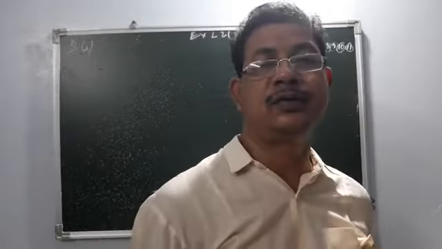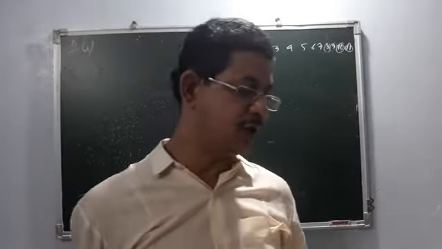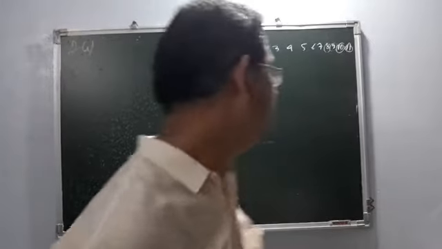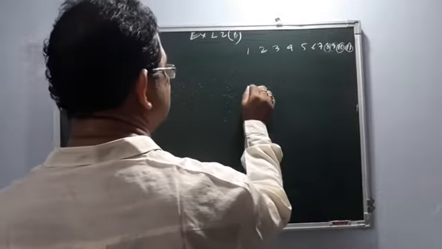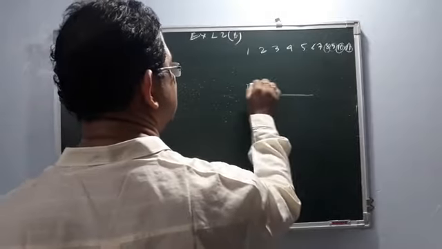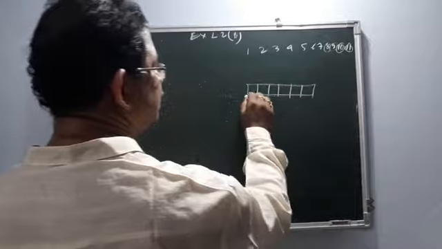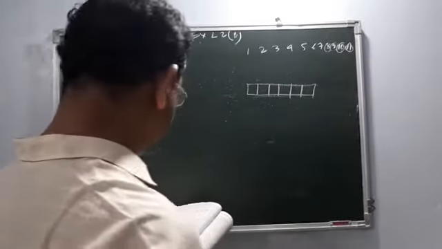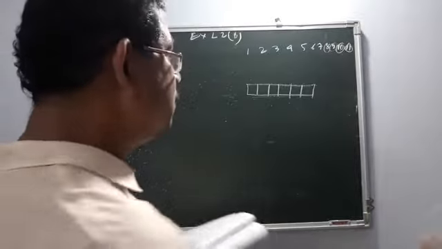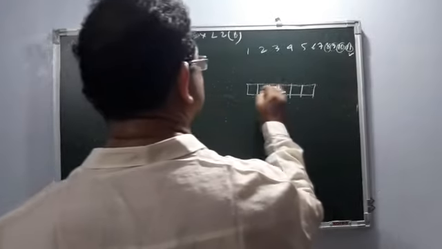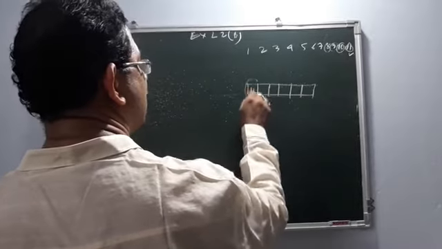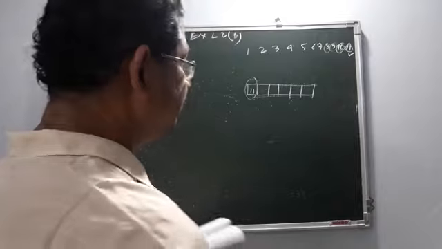The others are optional, but question 11 is mandatory. So he has to answer 6 questions, but it is mandatory to do question number 11. So 11 is 1, he has to do 11.